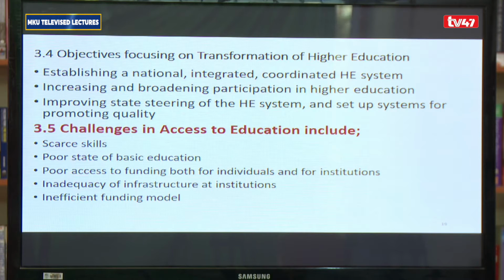Increasing and broadening participation in higher education. Participation can come up in research, in seminars, in workshops, in conferences, in partnerships, and so forth. Improving state steering, that one, okay.